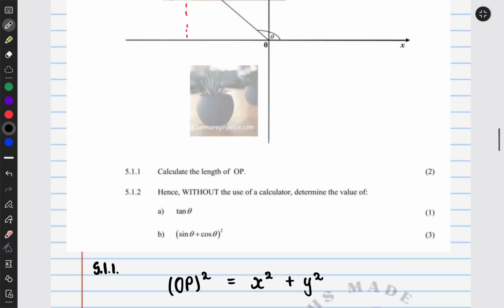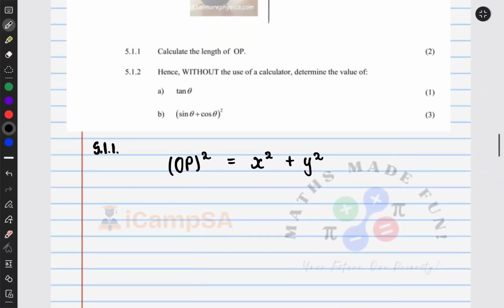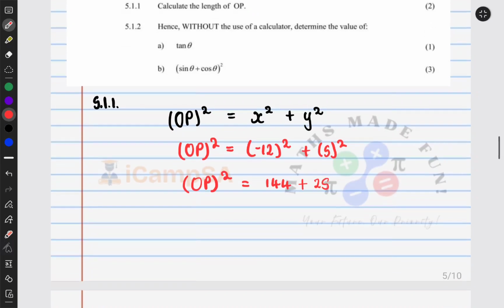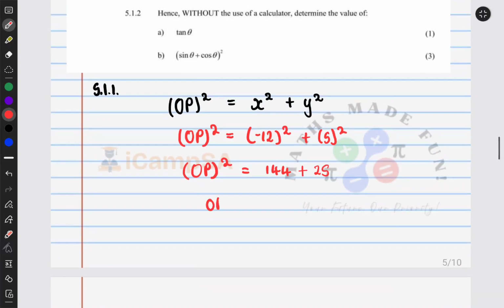And then let's substitute accordingly. We have negative 12 squared plus 5 squared. We're looking for OP. Therefore, OP squared: negative 12 squared is 144 plus 5 squared, which is 25, and this is 169. Therefore, OP squared is equal to 169.